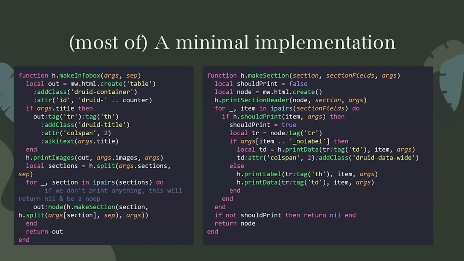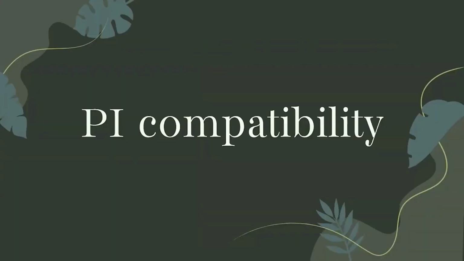If I say print, that means that the first argument to that parameter is going to be an existing mw.html node, and then I'm going to append something to it, either content, some classes, attributes, etc. So print means print to the existing node, which is passed as the first parameter in this function, and make means create a new node and then return it. And I really like this convention and encourage you to do something similar to it or exactly it if you're working with mw.html a lot.